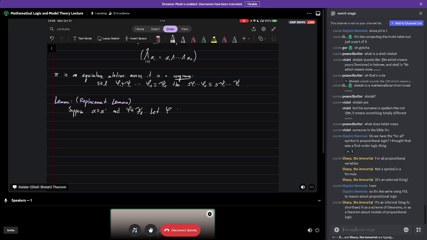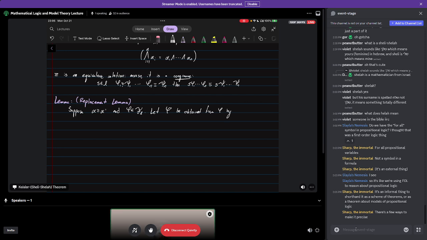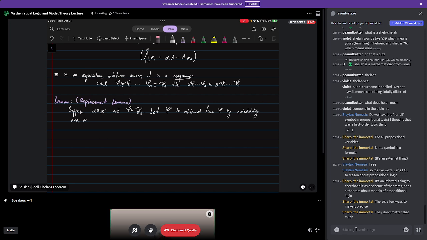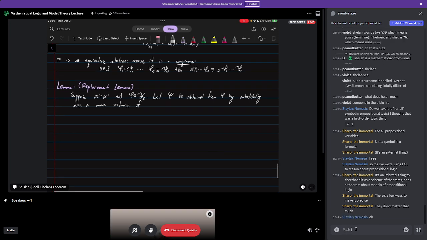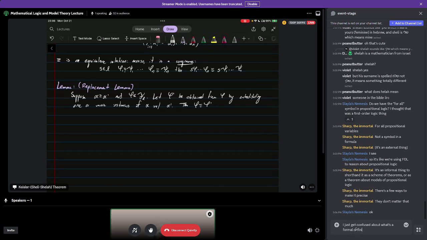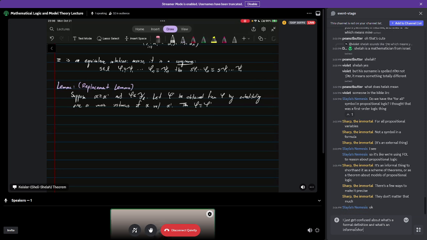Let phi prime be obtained from phi by substituting one or more instances of alpha with alpha prime. Then phi is equivalent to phi prime. So basically, if I take a subformula and I replace it with an equivalent subformula, then the formula phi remains equivalent to the new formula phi prime.